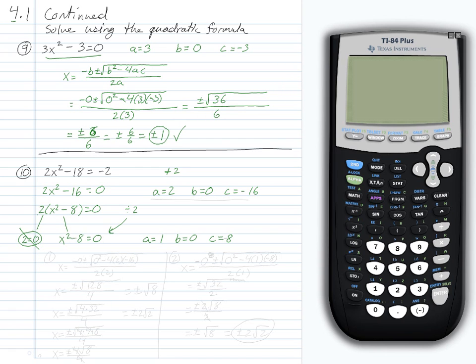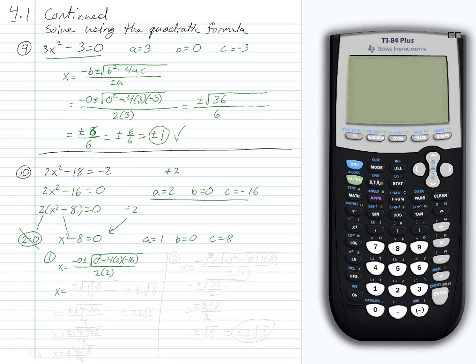Try it both ways. Plug both of these data sets into your quadratic formula. You should end up with the same answer, but I think you'll find one of them is a much nicer solution process. I will do it both ways. Let's see what happens when we use the first data set. So x equals the opposite of b, again negative 0, plus or minus the square root of b squared, 0 squared, minus 4 times a times c, all over 2 times a.